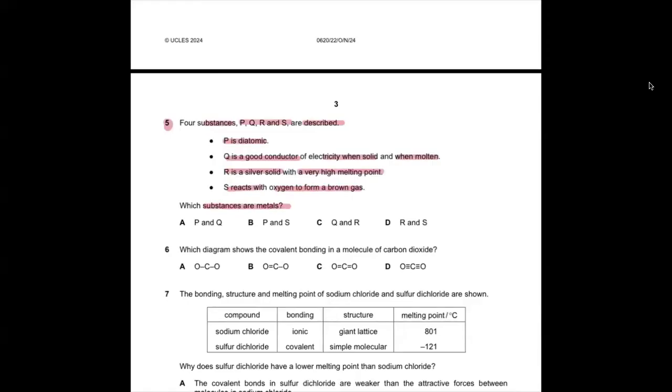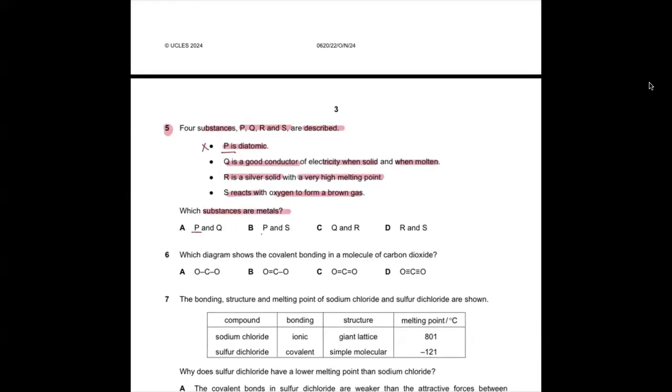Which substances are metals? P is obviously not a metal, and if P is not a metal, then A and B go wrong. Is this clear to all of you?